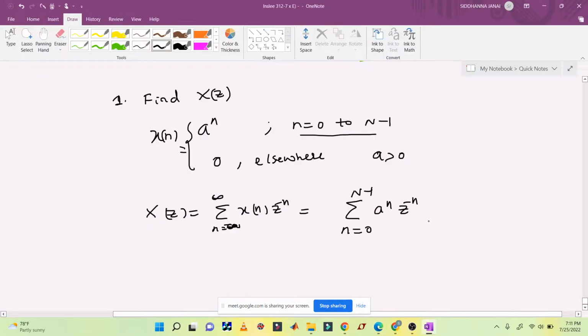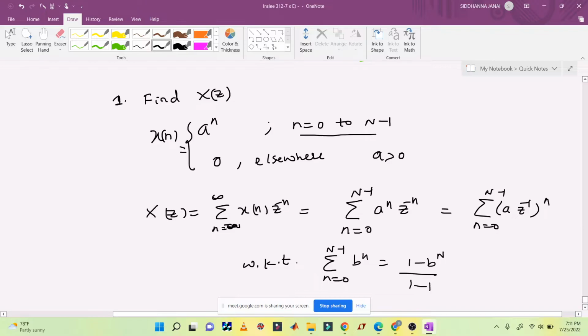So what we can write is, let me simplify it, summation n equal to 0 to N minus 1 of a z inverse to the power n. We know that summation n equal to 0 to N minus 1 of b power n is 1 minus b power N divided by 1 minus b, provided b is not equal to 1.